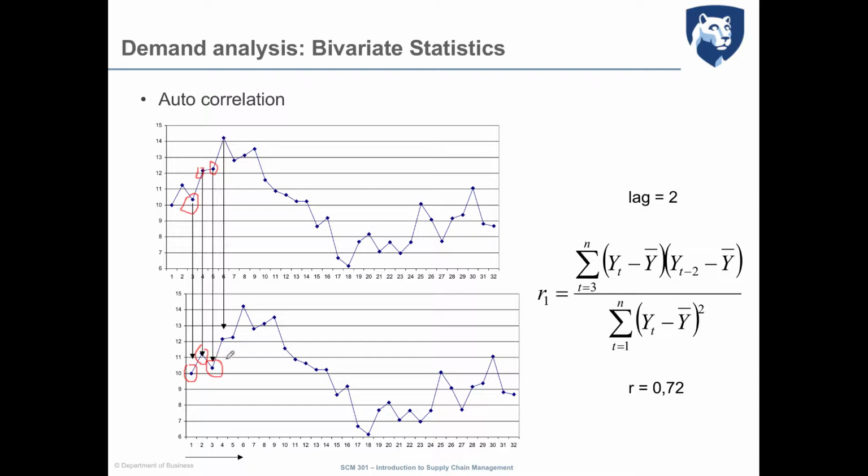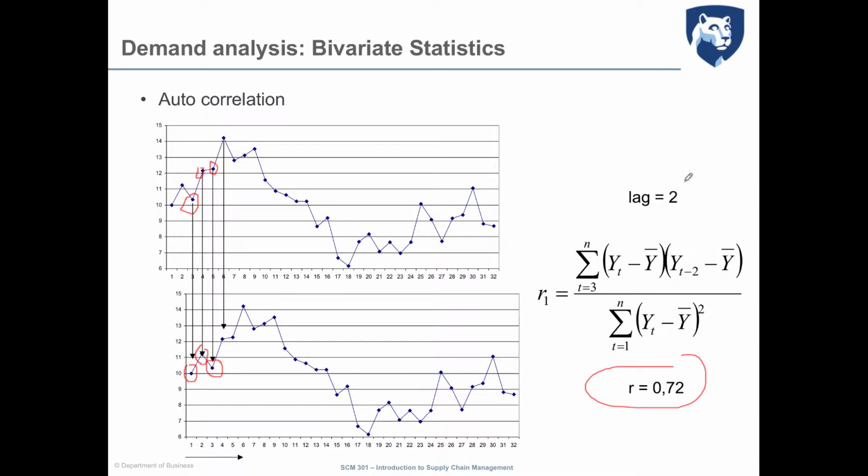Generally speaking, it checks if each value of the demand is correlated with the value of the same demand 2 periods before the current one. In this case, 0.72 means that there is no statistical significance in terms of correlation with lag 2.